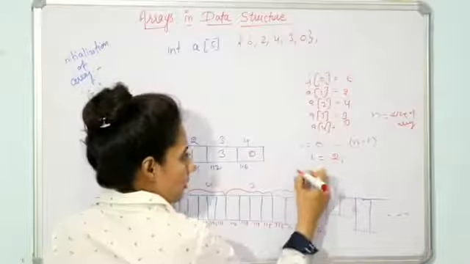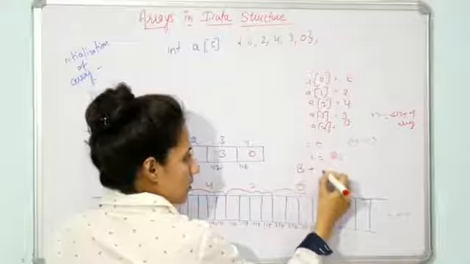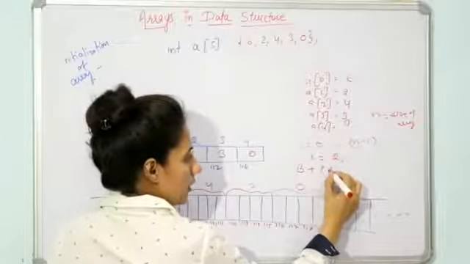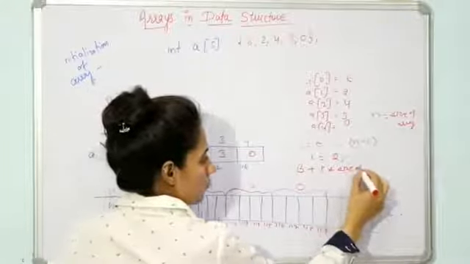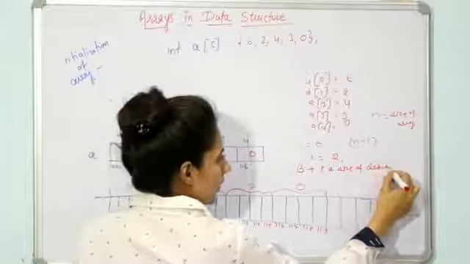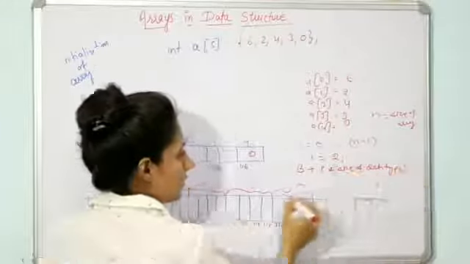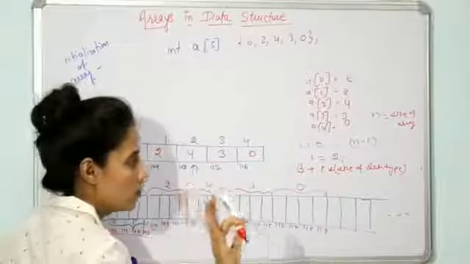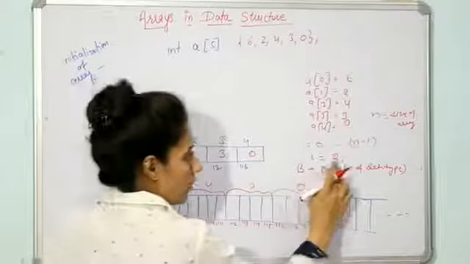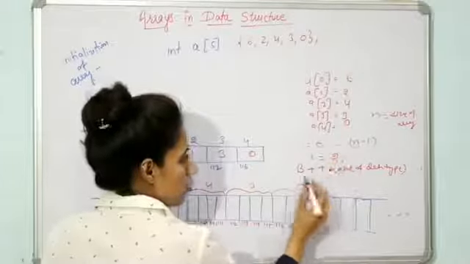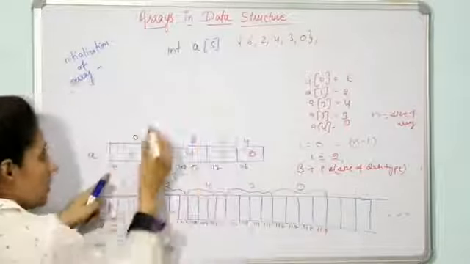The formula would be base address plus this I value into the size of the data type you have taken. The data type of the array here is int, so the size would be 4 bytes. Now how to calculate the address for the location I is equal to 2? The base address is 100.